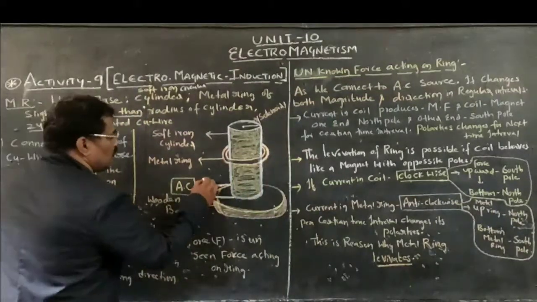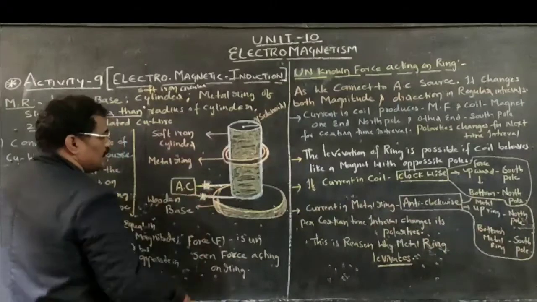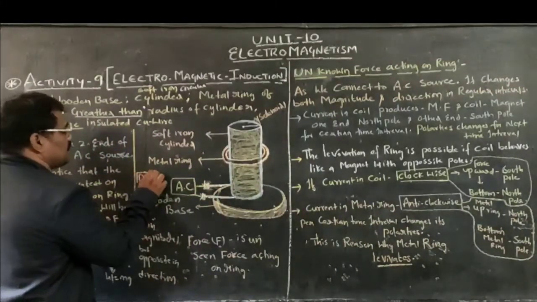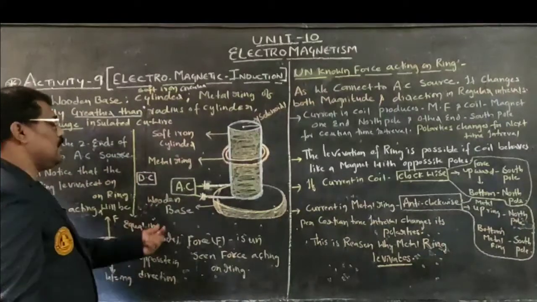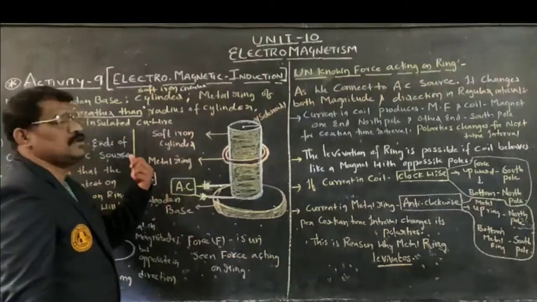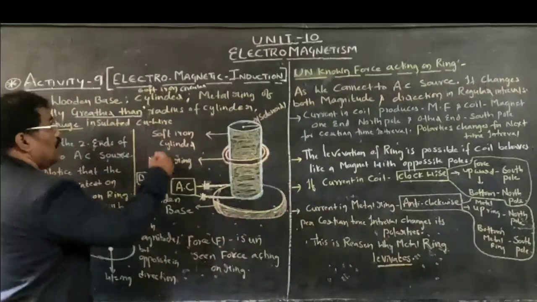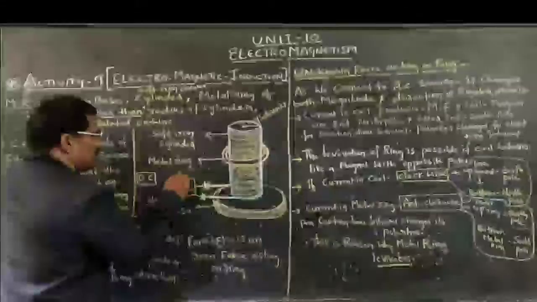Then the two ends of the copper wire wound on the soft iron cylinder are connected to two different types of sources: one is an AC source, the other is a DC source. First we will perform the activity with the AC source.